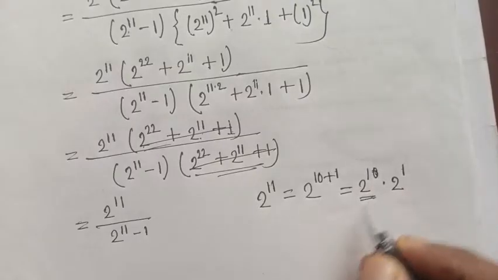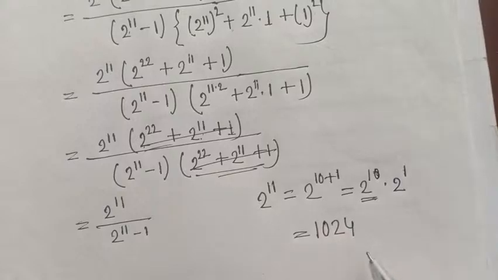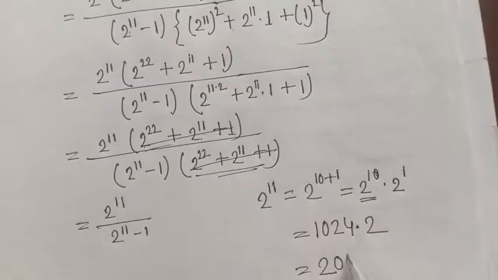Now we know the value of 2 to the power 10 is equal to 1022 plus 2. So if we multiply this we will get this one.